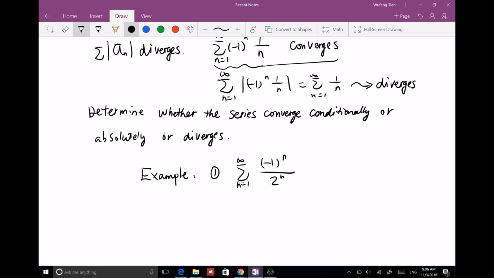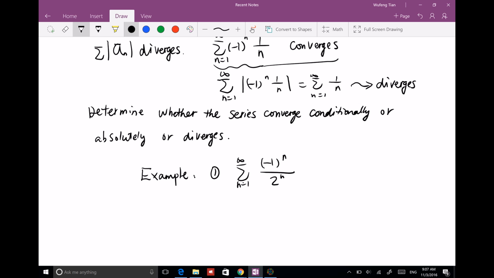So sometimes if it's absolutely convergent, then we are done, because it's conditionally convergent for sure. So we check the absolute convergence first, and if the absolute value of the series diverges, then we check the series itself.